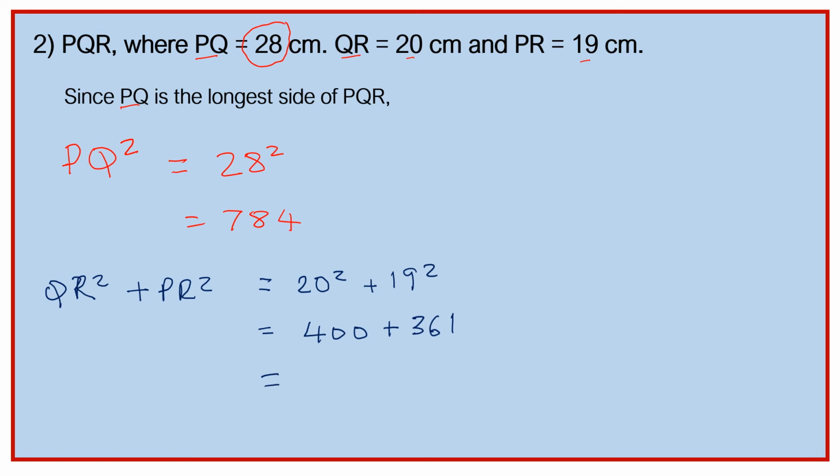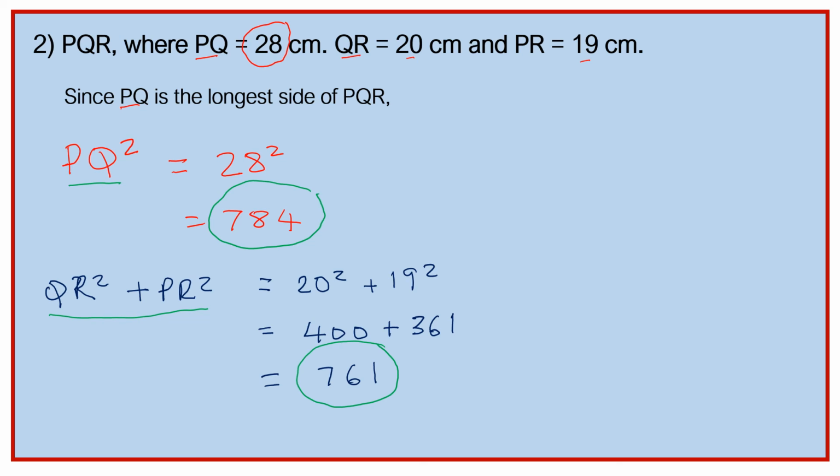Their sum is 761. Now let us check. We have got 784 as PQ squared, but we have 761 as QR squared plus PR squared.